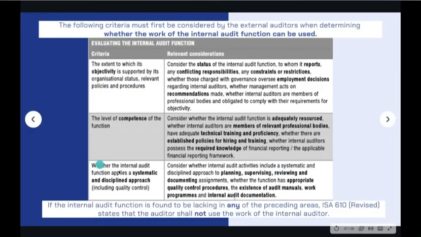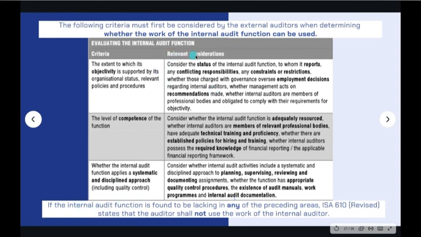So in this criteria, the following criteria must first be considered by the external auditors when determining whether the work of the internal audit function can be used. Here are the main criteria: the extent to which its objectivity is supported by its organizational status, relevant policies and procedures, the level of competence of the function, and whether the internal audit function applies a systematic and disciplined approach.